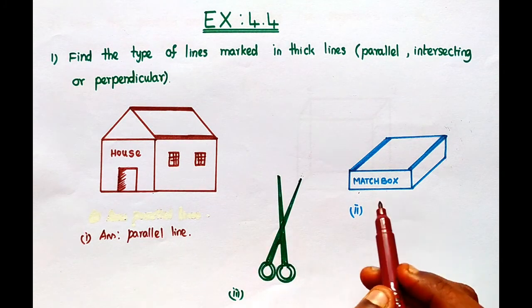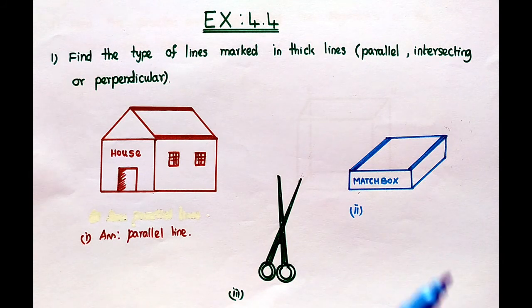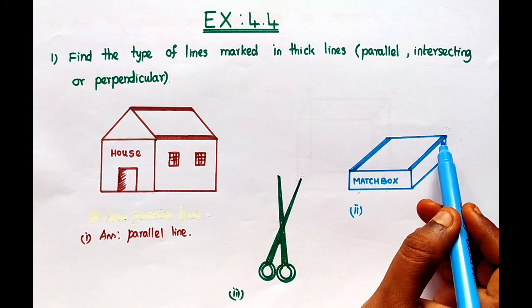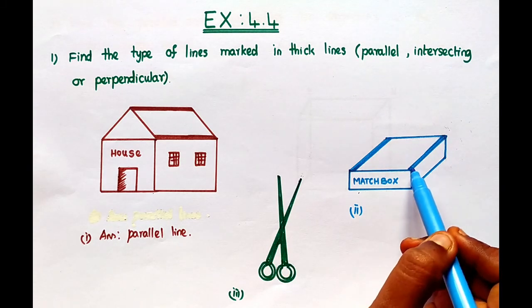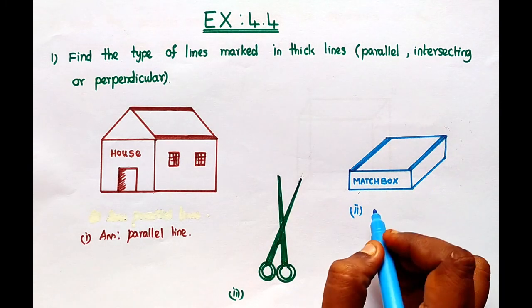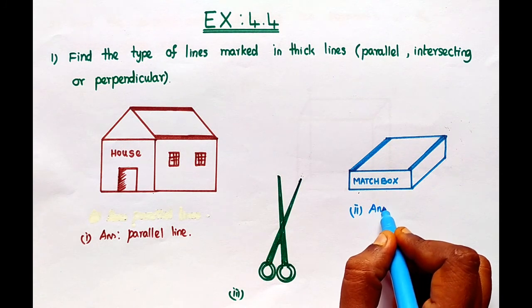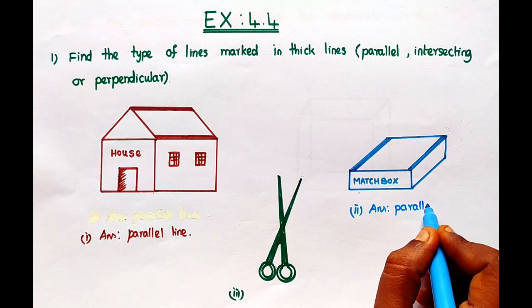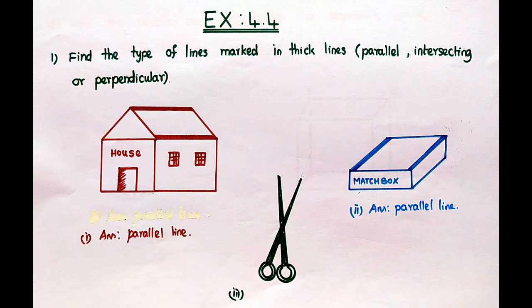Next one, matchbox. They given matchbox. Listen this. Here the thick line. That is also example for parallel line. So answer parallel line. Next one, scissor. They given a scissor.